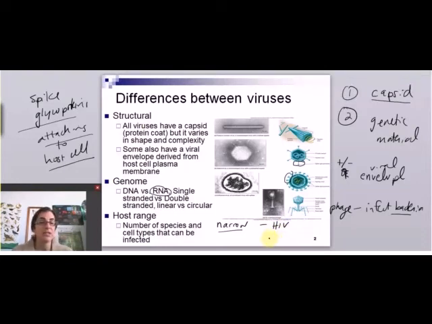It doesn't transmit to other animals or other types of cells. The flu is a type of virus that has a very broad host range. Many animals get the flu, not just us. Pigs and chickens and horses and cats and dogs can all get influenza because it has a very broad host range.